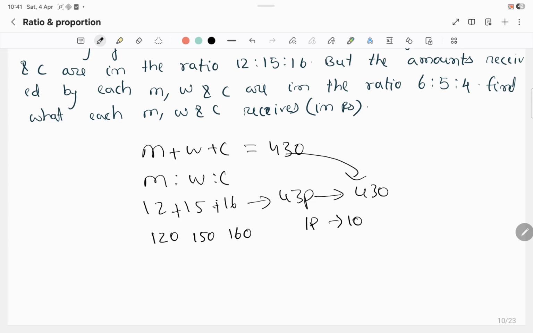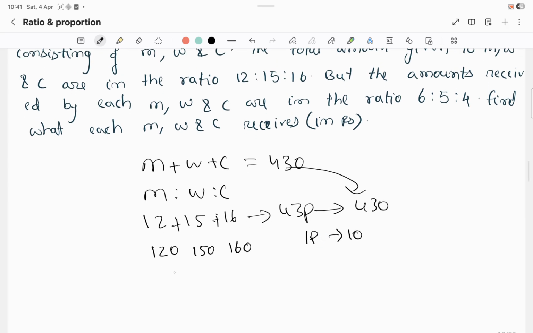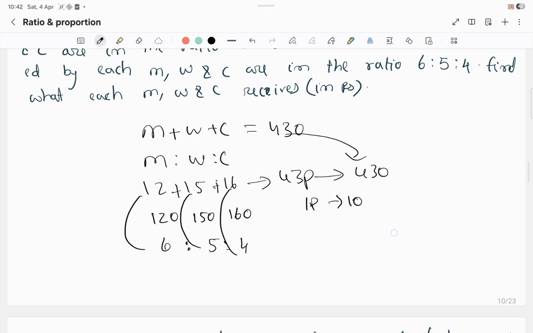Then they are saying that each man, woman and child, the money received is in the ratio 6:5:4. Now if you divide 12 by 6, 15 by 5, 16 by 4, then we will get how many people are there.